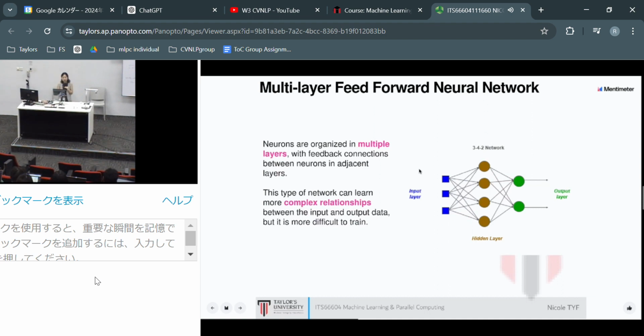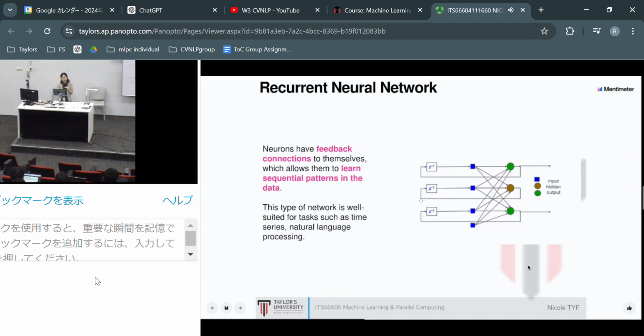Another commonly used type is the recurrent neural network. This recurrent neural network has feedback connections to themselves, which allow them to learn sequential patterns. This type of neural network is usually used when we have to capture time series data or natural language processing data, because a sentence is just a sequence of words, and therefore this recurrent neural network is very suitable for natural language processing tasks.